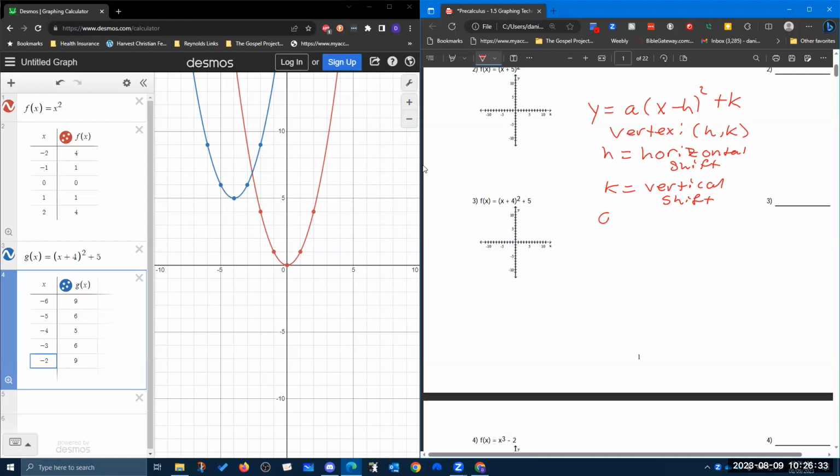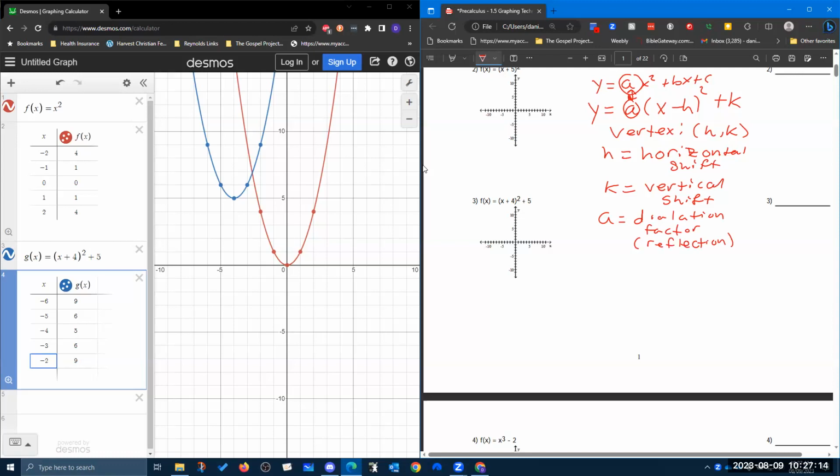Let me also identify that a here is the same a that's in y equals ax squared plus bx plus c. If I had written this equation that way, this a and that a are the same. And a is my dilation factor. And my dilation factor may also be responsible for reflection as well if it's a negative number.